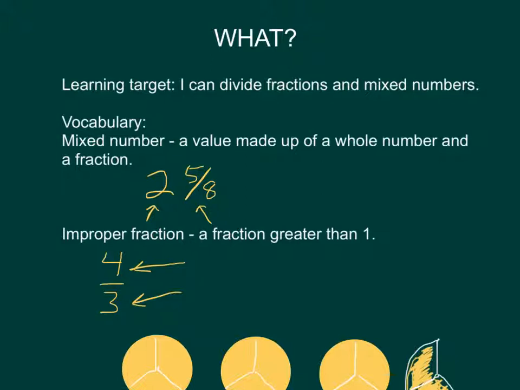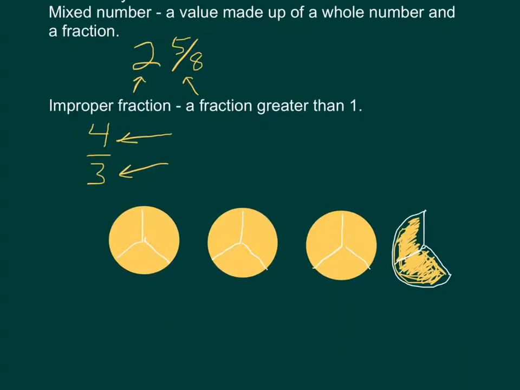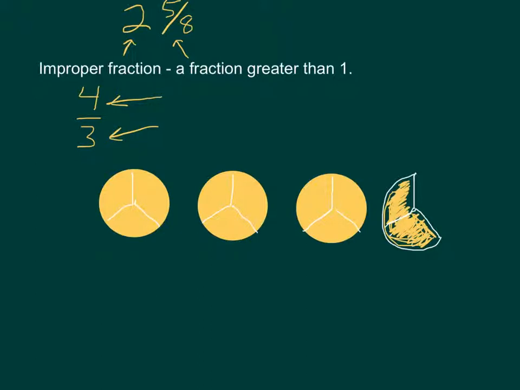Okay? All right. So, when you look at this beautiful picture here of 3 pizzas and part of another pizza, that number of pizzas can be represented by a mixed number. So we've got 1, 2, 3 pizzas and then 2/3 of a pizza.